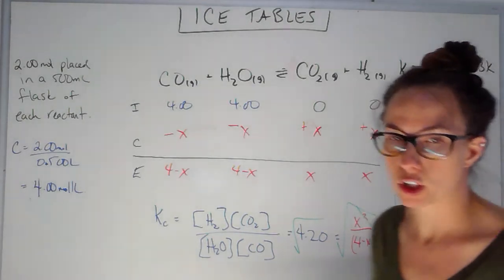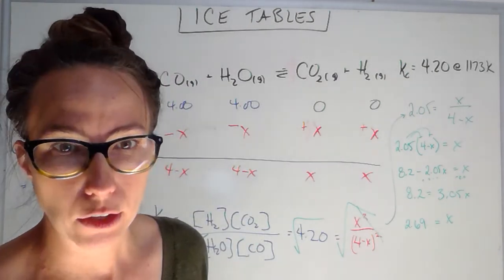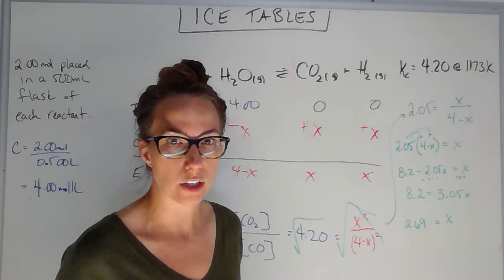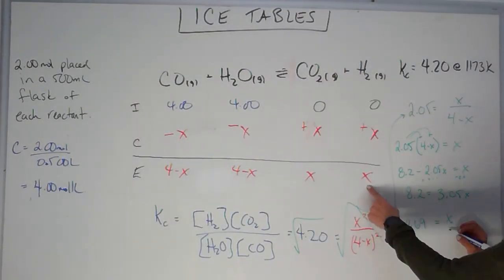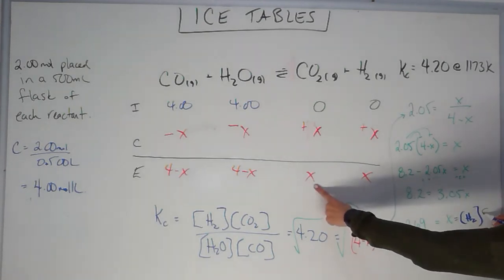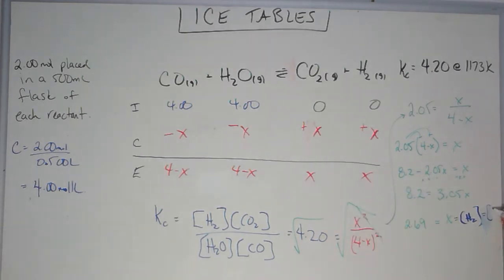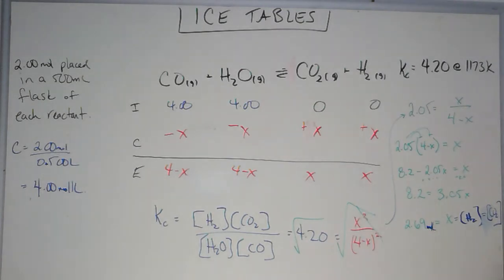2.69. Now, don't stop there because this isn't math, right? So even though I have a value for x, that's not necessarily the equilibrium concentration. So x of 2.69 is equal to my H2 concentration, and it's equal to my carbon dioxide concentration, okay? And this would be moles per liter for concentration. But for the concentrations of these guys, it's 4 minus x.